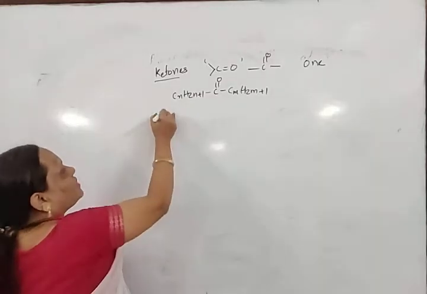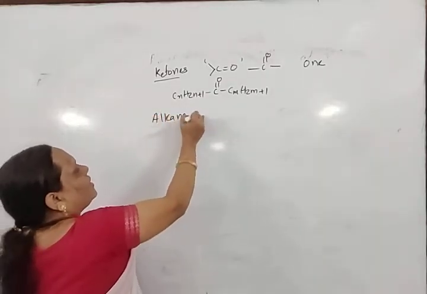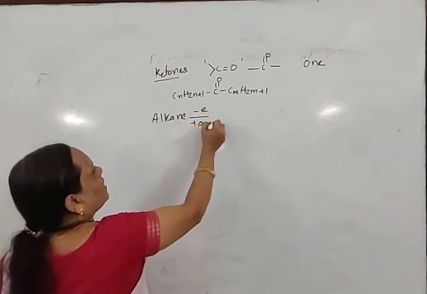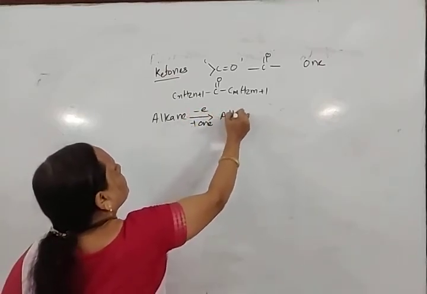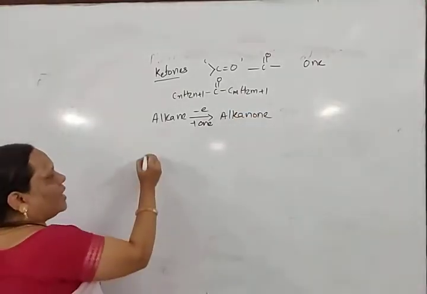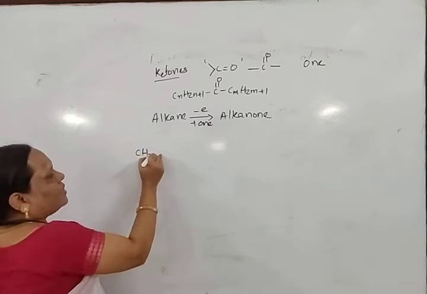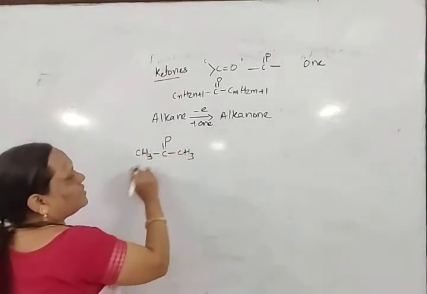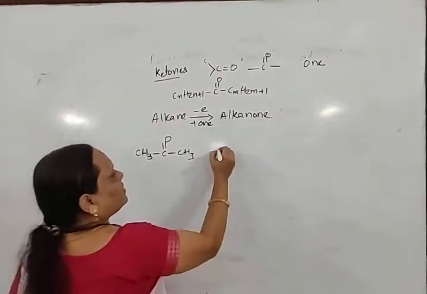And how to name these compounds? Alkane, minus E, plus ONE, known as alkanone. For example, CH3, C double bond O, CH3. Three carbons are there.